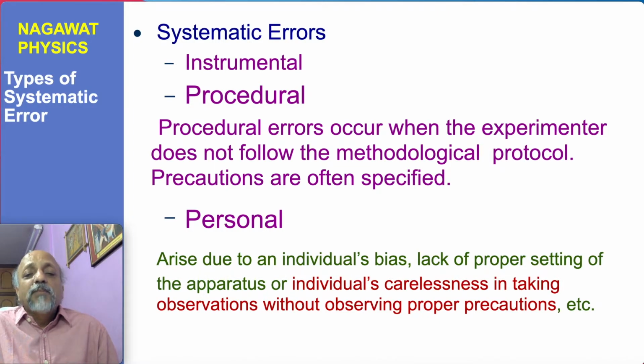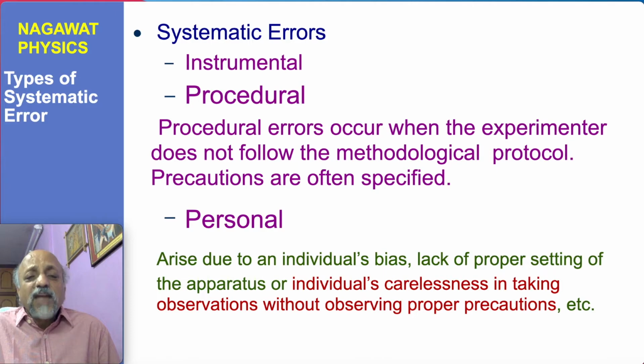Often precautions are specified with the protocol, but if an observer or a measurer, a person who is performing the experiment, ignores a precaution, then that can also lead to a procedural error. Procedural error can be minimized by improving the techniques, by having the discipline of measurement, by following the methodological protocol strictly, by obeying all precautions.